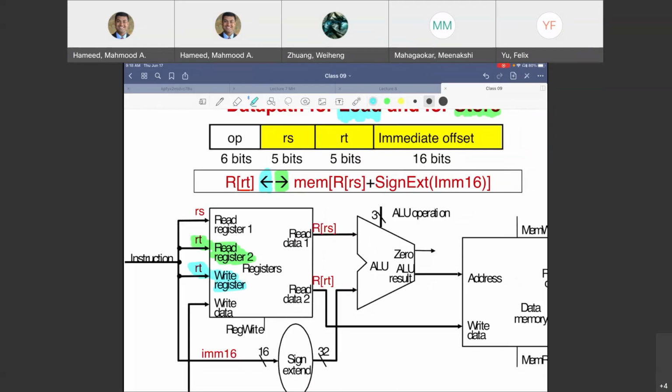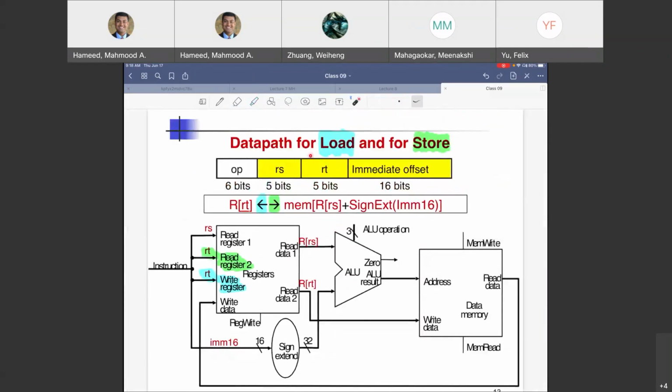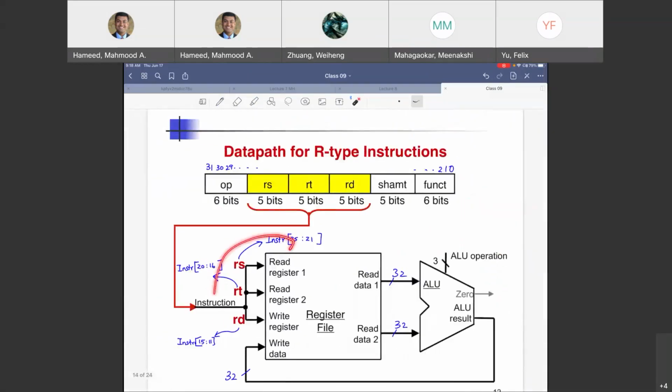The same register field RT is this guy, right? This is the base address. So that's going here, and that is being used for base address. But RT, depending on load or store, can function either as read register 2 or the write register. Can you see that? Okay, so now let's compare. What is the difference between this?